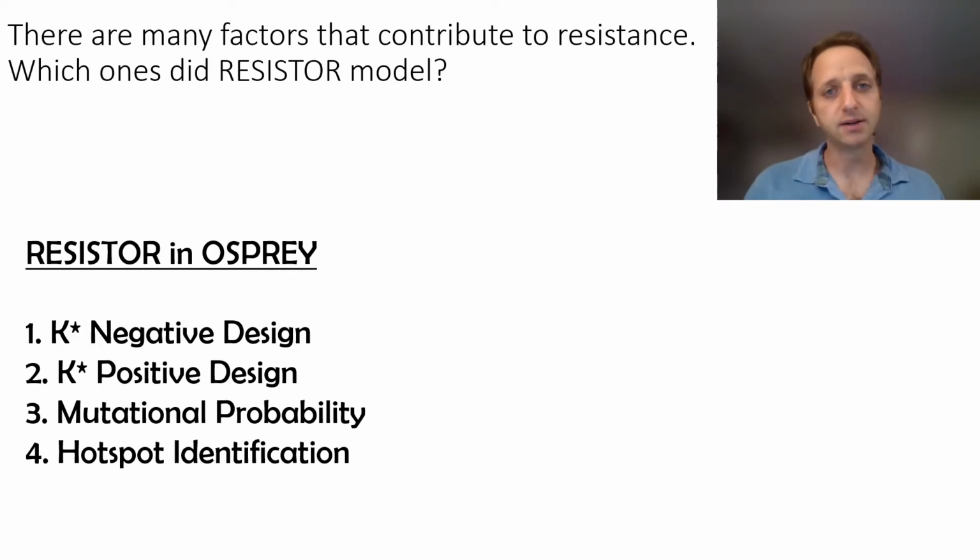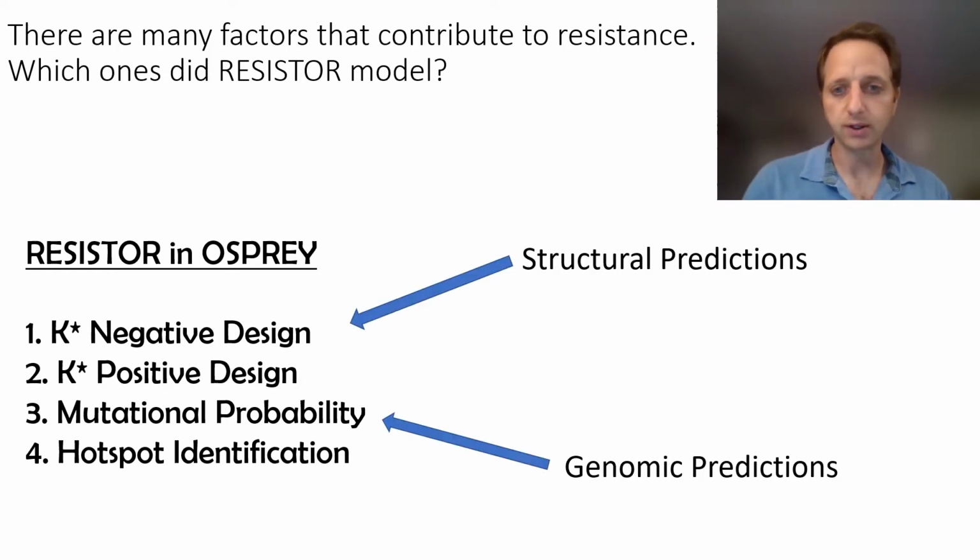We also looked at positive design, which is sort of the inverse, namely mutations that caused a protein to increase binding to its endogenous ligand. We also tried to identify mutations that would actually occur in different types of cancers, that's called mutational probability, and locations at which there are lots of these types of mutations, hotspot identification. In other words, we combined structural and genomic predictions to come up with a single Resistor prediction.